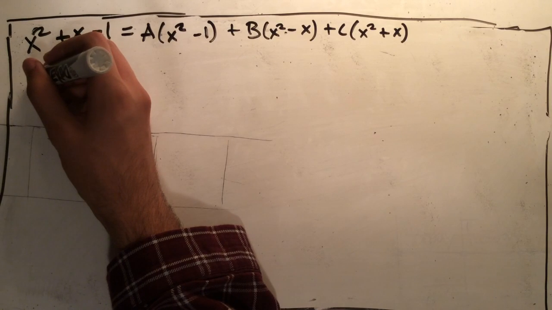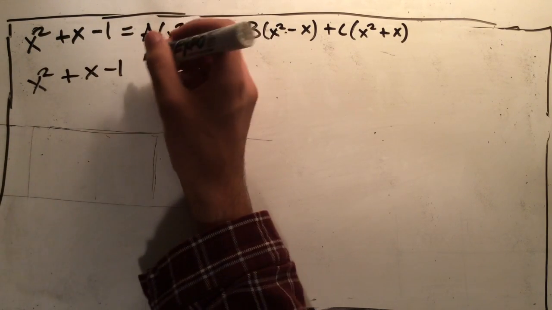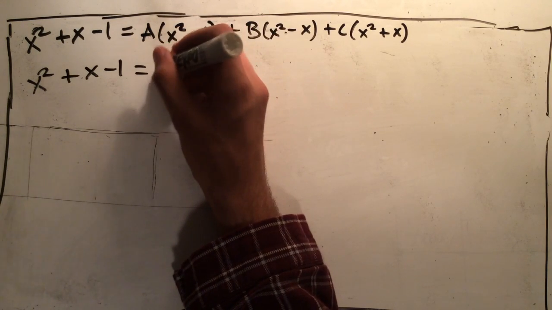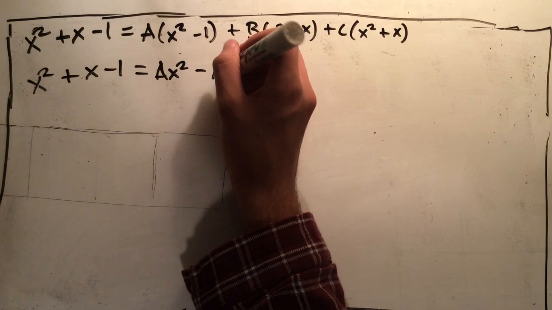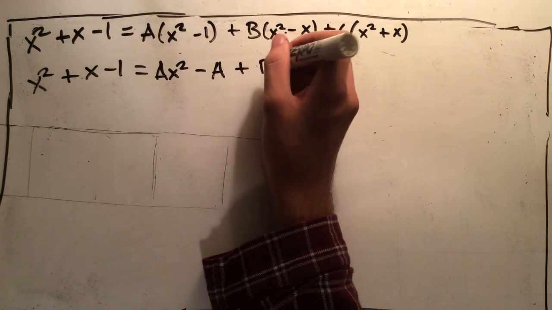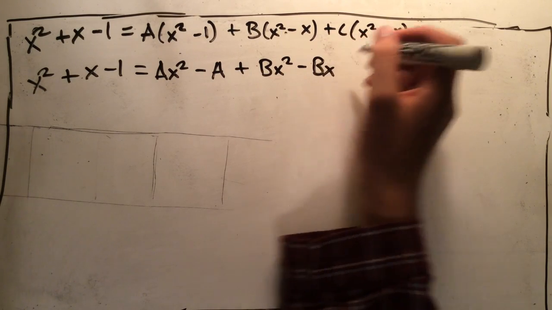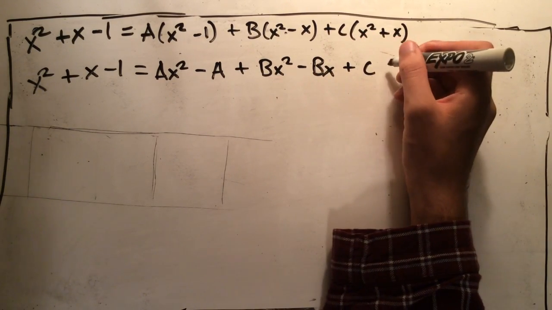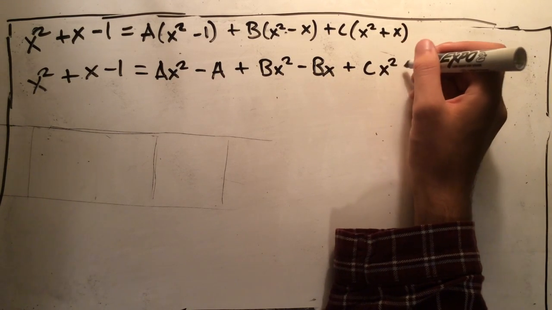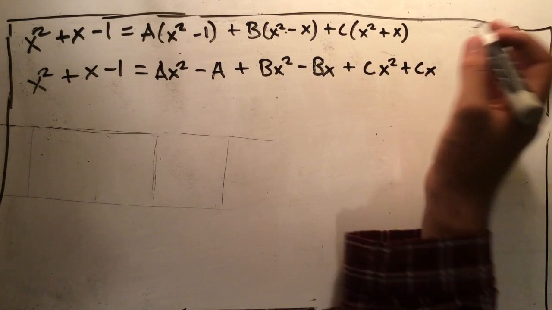So we'll have x squared plus x minus 1 equals ax squared minus a plus bx squared minus bx plus cx squared plus cx.